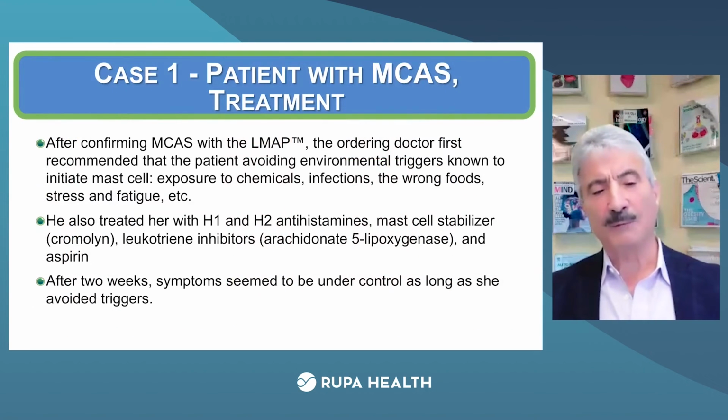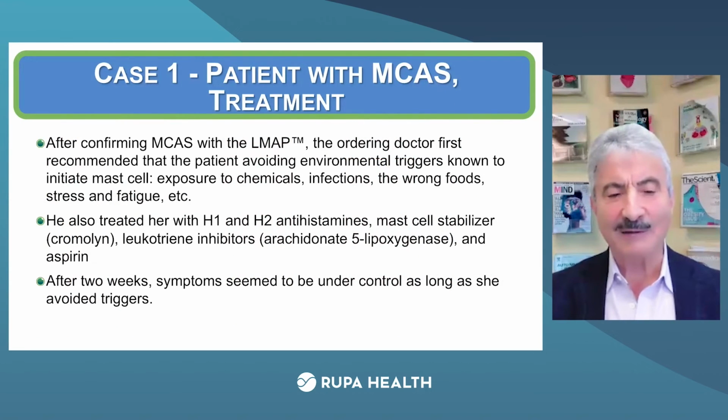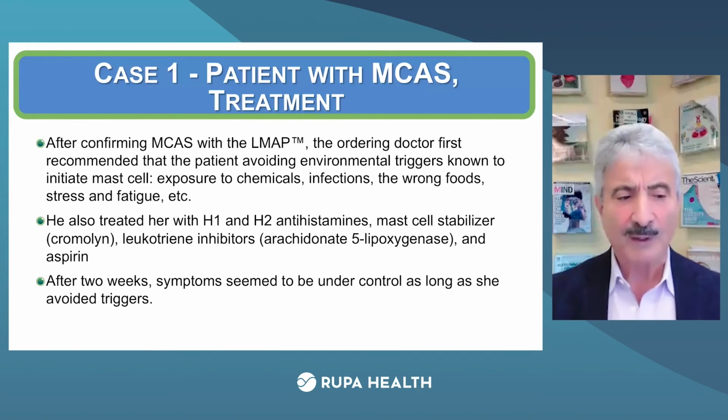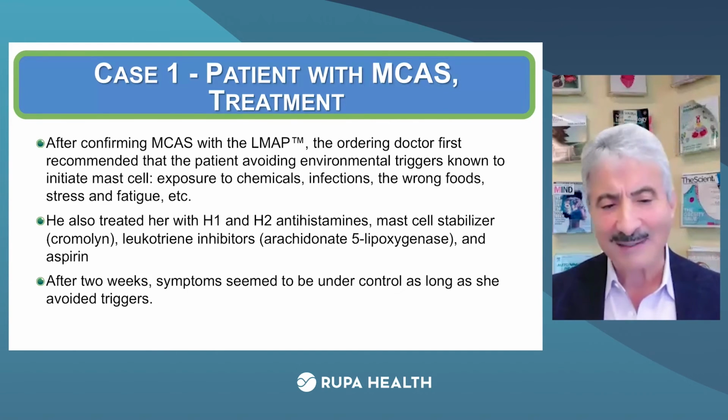So after confirming mast cell activation syndrome with LMAP, the ordering doctor first recommended that the patient avoid environmental triggers known to initiate mast cell activation. For example, exposure to chemicals, infections, wrong foods, stress, and many more.